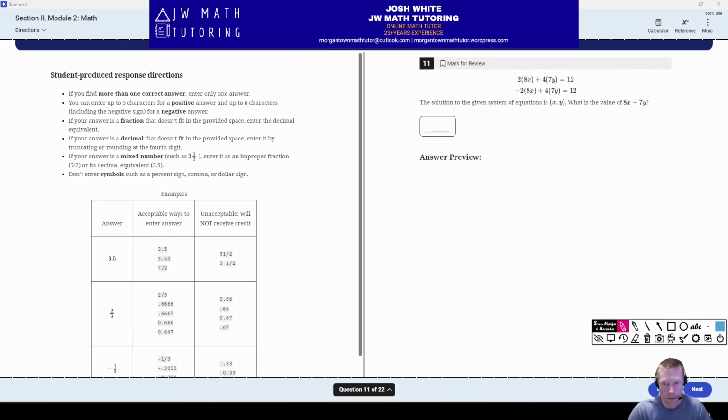All right, next up, we have a system of linear equations, and here they are asking for not x or y, but specifically 8x plus 7y.